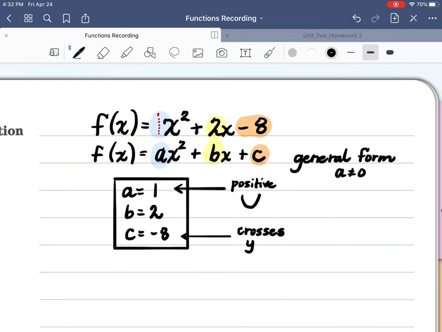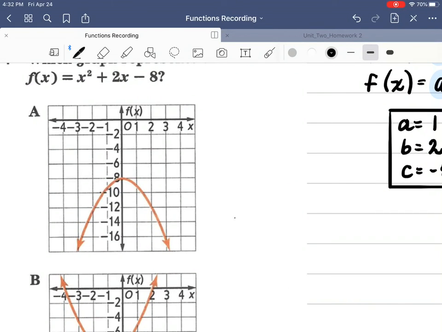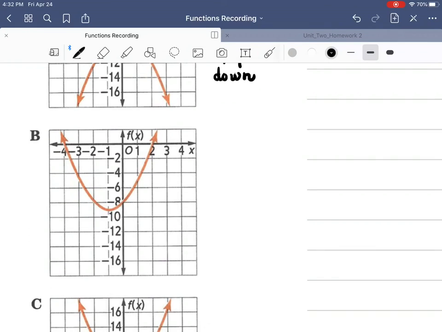All right, let's look at our graphs. This parabola is frowning, so it is not the one we're looking for. It does cross y at negative 8, but it is opening downward. We're looking for a smiling parabola. Okay, this one is a smiling parabola, but we have to look at where it crosses the y-axis.